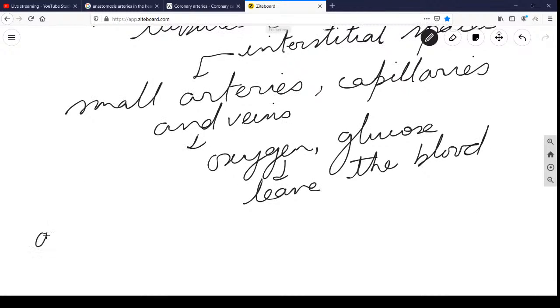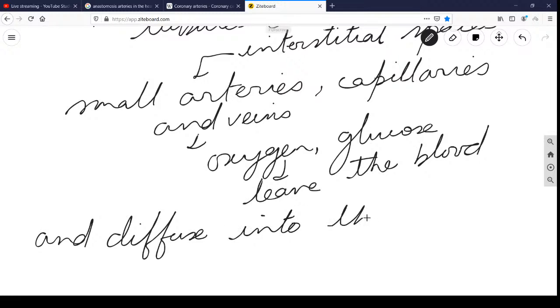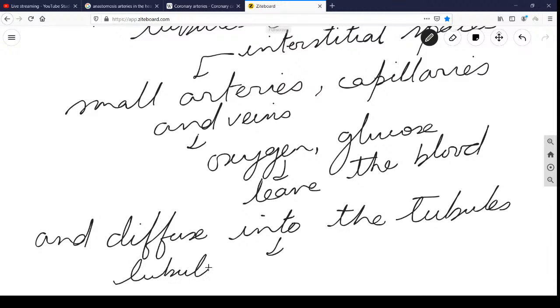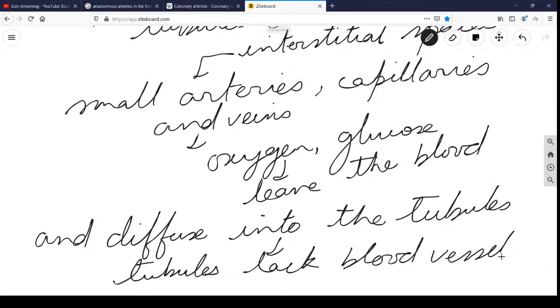Why? Because these tubules lack blood vessels. There are no capillaries or blood vessels providing a direct supply of oxygen and nutrients to them. There are no blood vessels within these tubules.